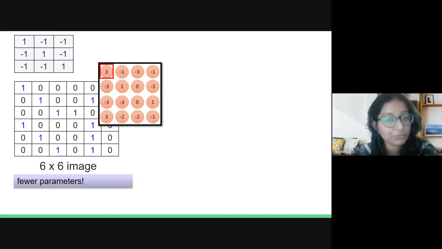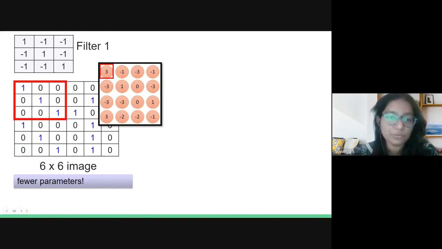You have fewer parameters, because if you send this to a fully connected network, your set of inputs is 36, but here it would be 16. Of course, we will be seeing how we combine the different filters. Right now, the difference between 32 and 36 doesn't seem big, but you will see that these feature maps scale much slower than the image sizes. But the first thing is there are definitely fewer parameters.